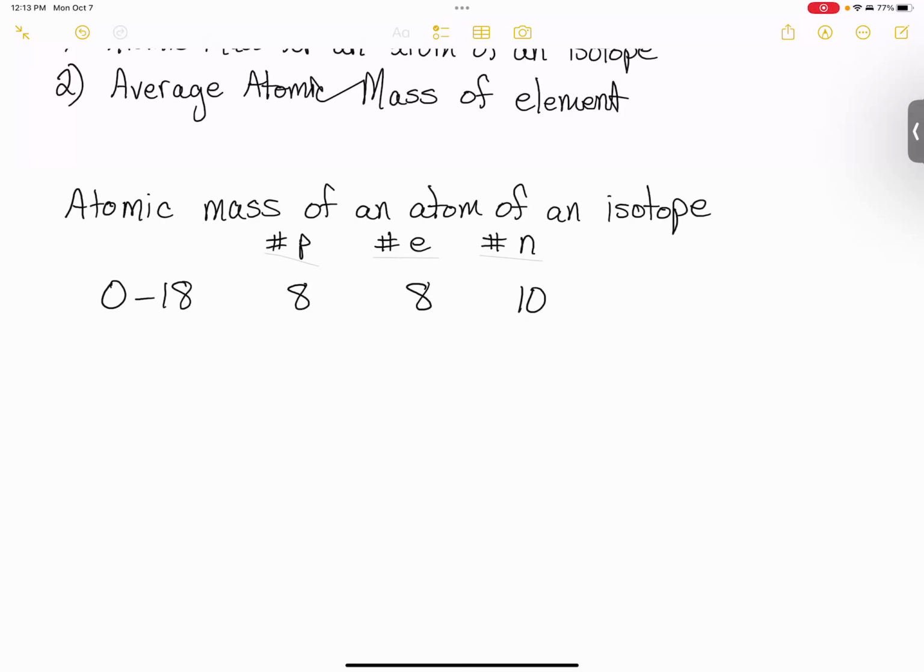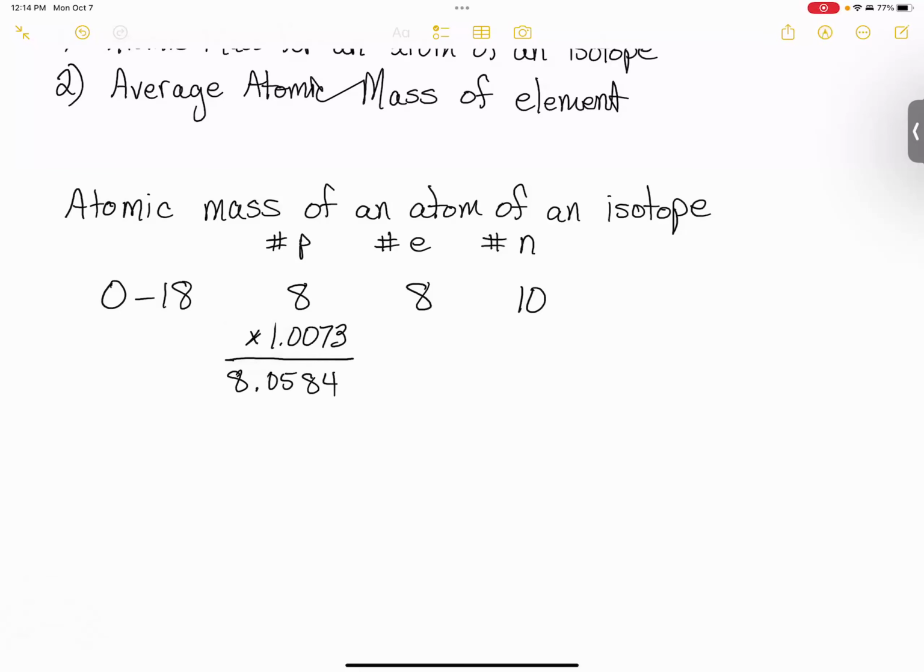Now, we know that there are 8 protons and each proton has a mass of 1.0073. So the protons are contributing 8.0584 to the overall mass.